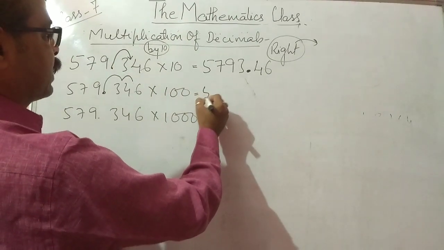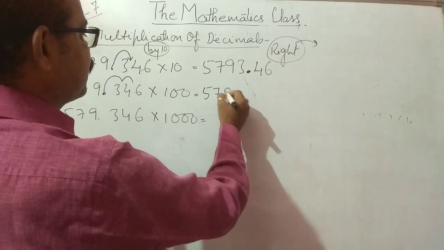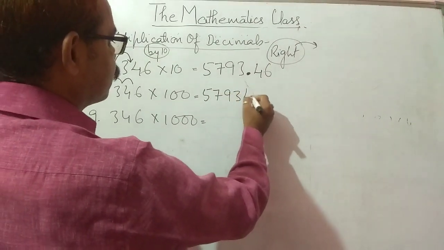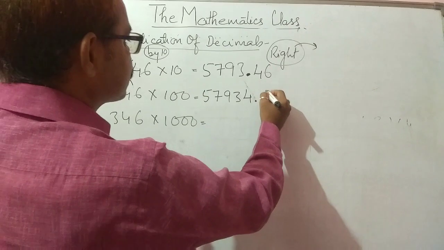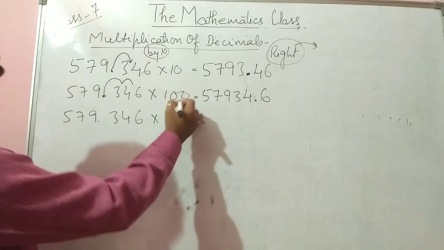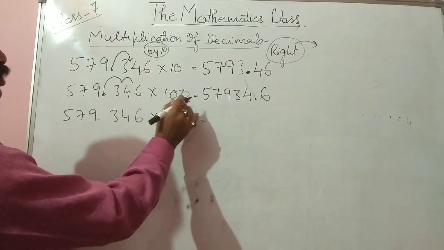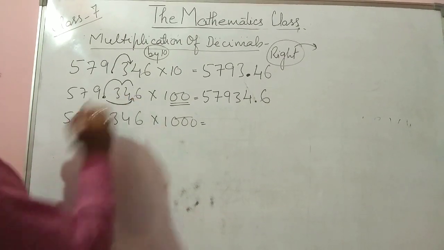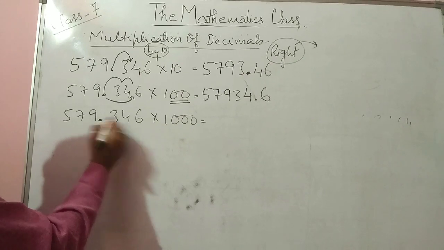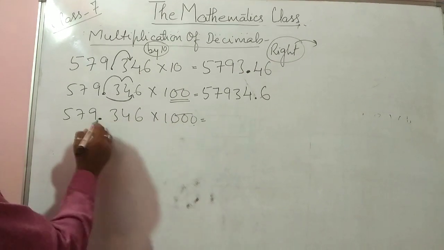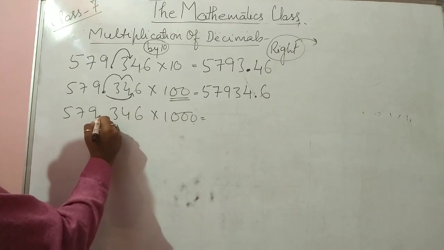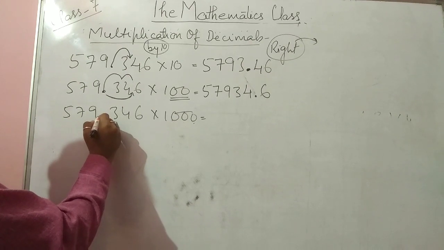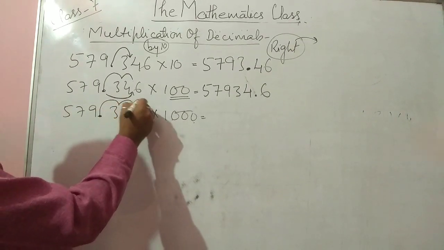So it can be written as 579346. With 2 zeros, the decimal moves 2 places like this. Now here there are 3 zeros, so the decimal will move from this place 3 places towards the right: 1, 2, 3.